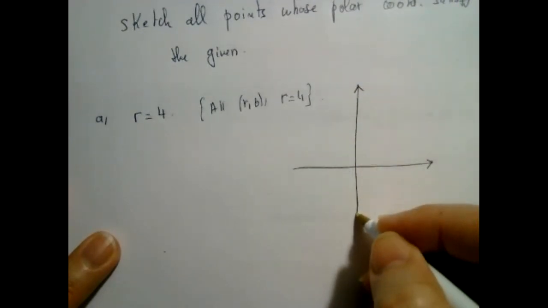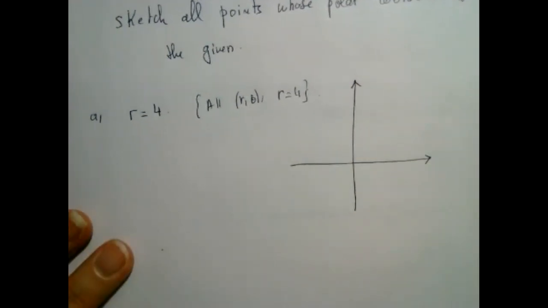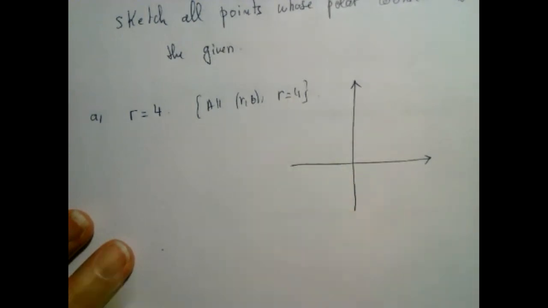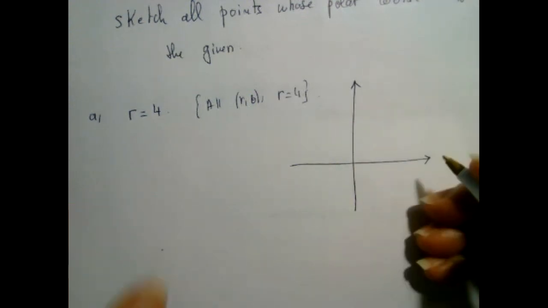If I take all the points whose polar coordinates satisfy r equals 4, what do I get? It's not a hard question at all. I get a circle with radius 4.